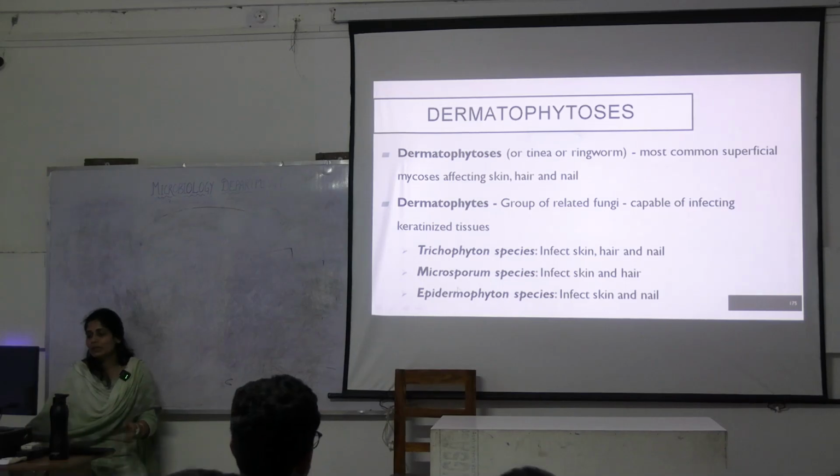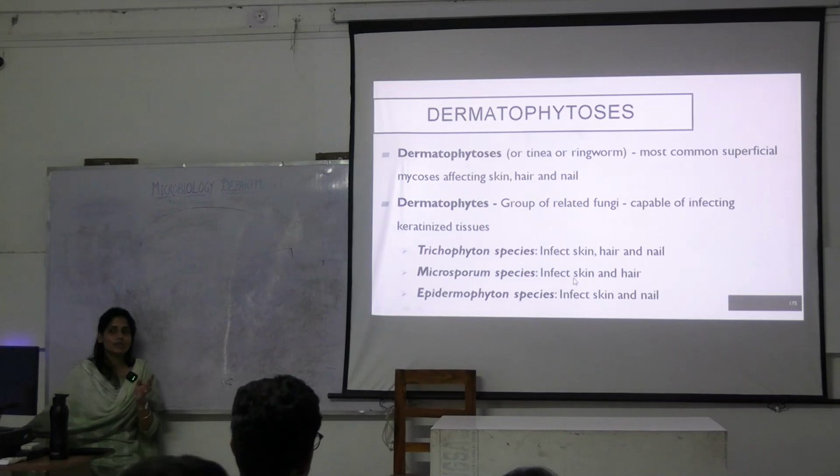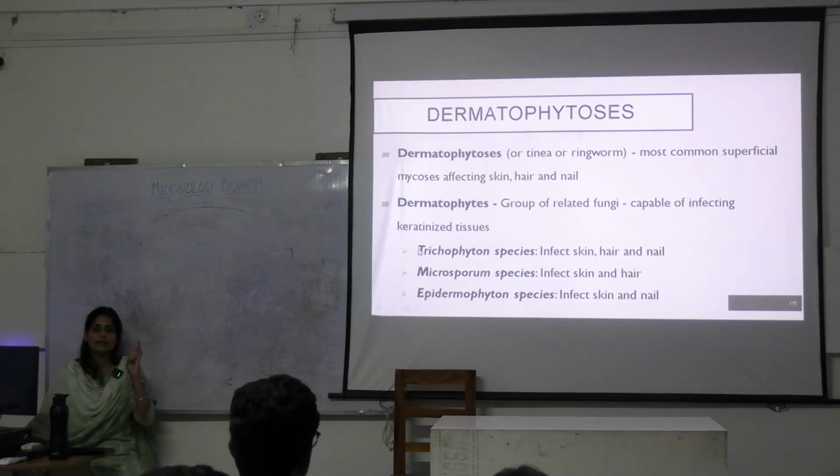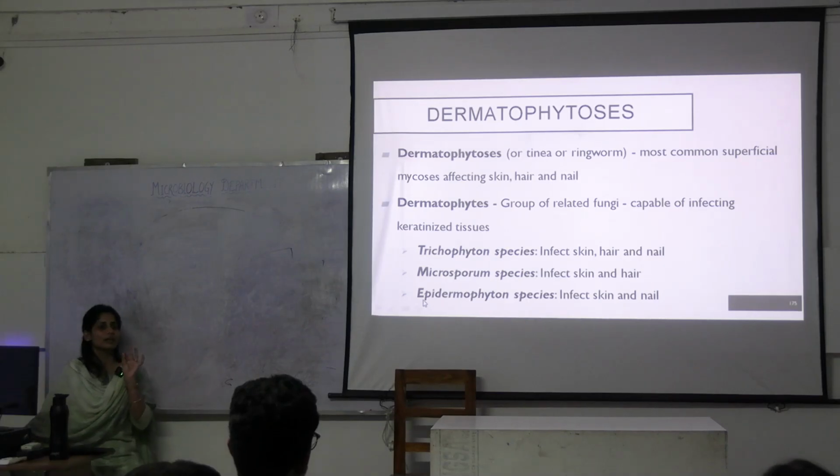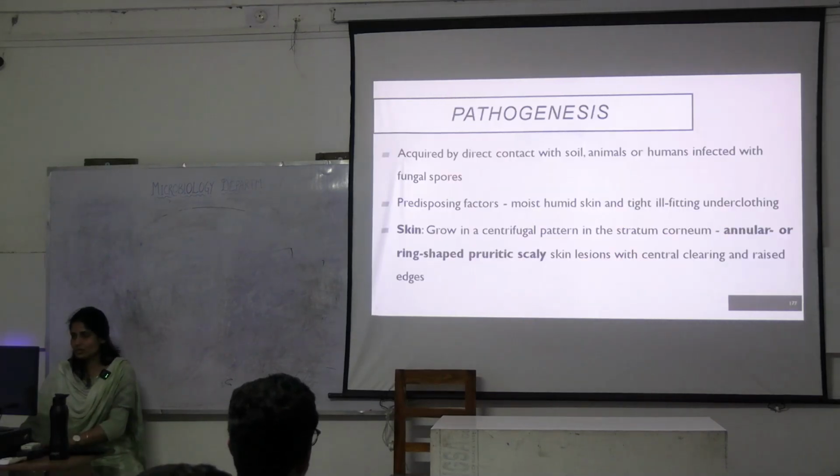Epidermophyton will infect what? Skin and nail. Skin is common everywhere. And Microsporum species, skin and hair. Just remember this properly. In tricho there is skin, hair and nail. In micro there is hair and skin, and in epidermo there is skin and nail. Okay.